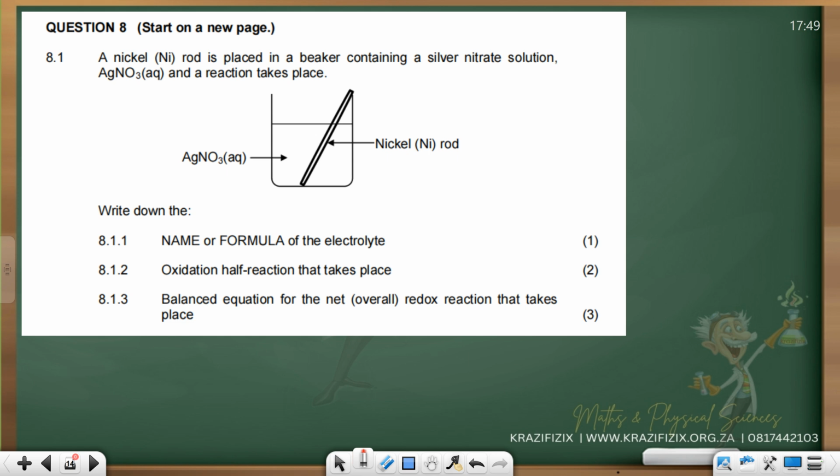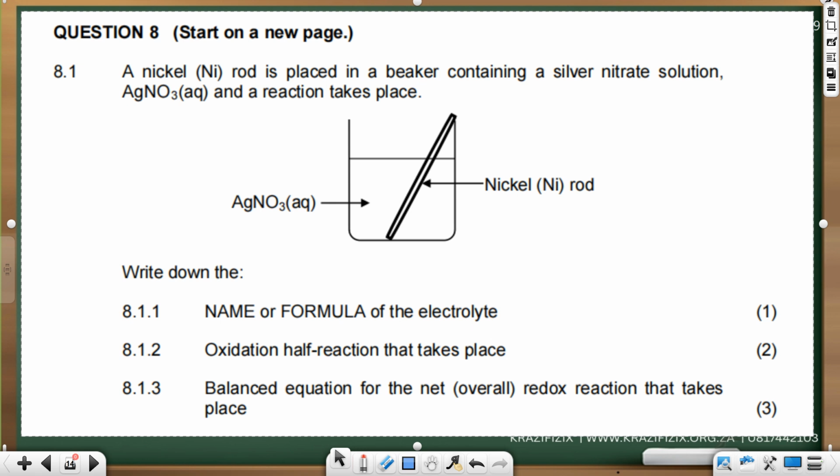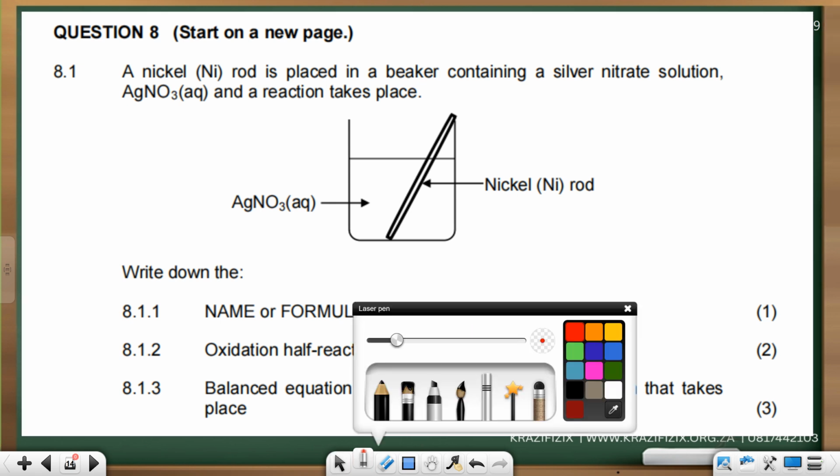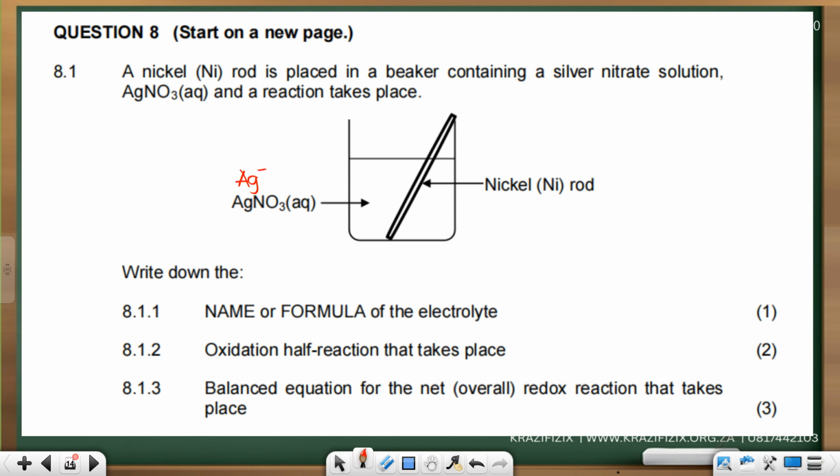Silver nitrate solution. All right? And a reaction takes place. Oh wait, let's prove that a reaction takes place first, because I'm going to switch them. How will I know? Because I think I got the wrong question. There was a question I was thinking I was getting. What do we have? Let's quickly write what we have. What we have here? We have what?